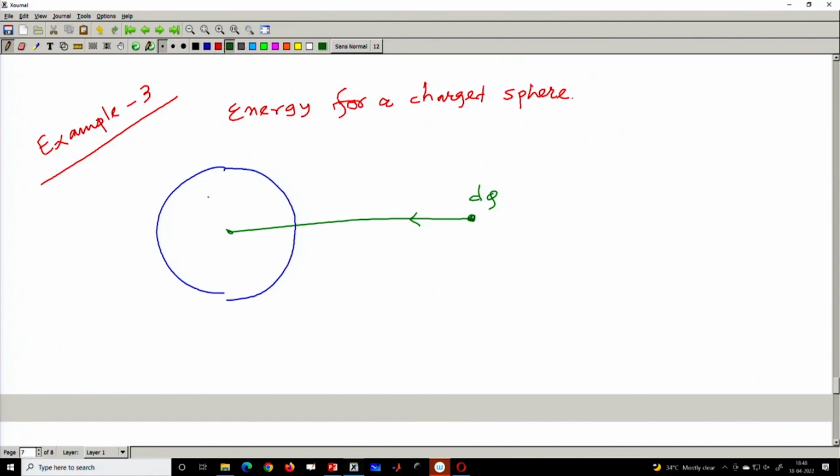So, let us make a cut here and make a cell here. That is the region I want to fill with the charges dq. So, this is the region of my interest.